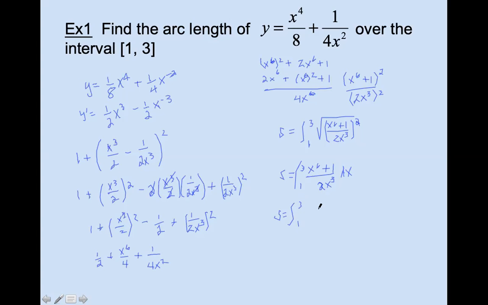X to the 6th over 2x cubed would leave me with x cubed over 2, plus 1 divided by 2x cubed. So I'm just splitting that denominator.